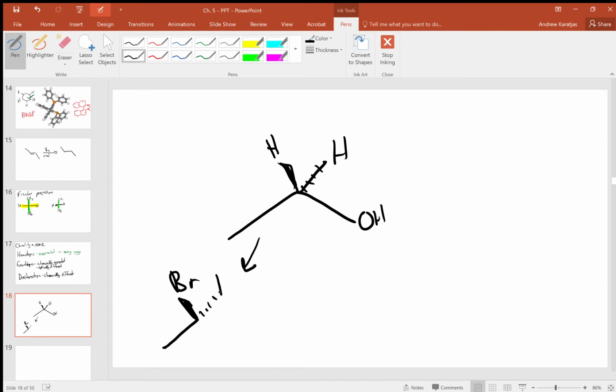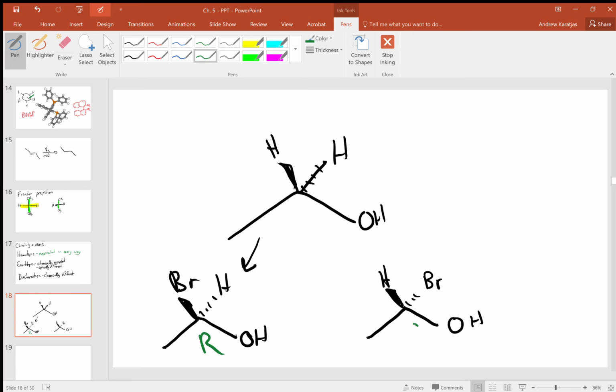I'm using bromine, but we could use literally anything. And over here we'll replace the one on the right. Now, if we determine the stereochemistry of these two molecules, we find that the one on the right here is R, and the one over here is S.